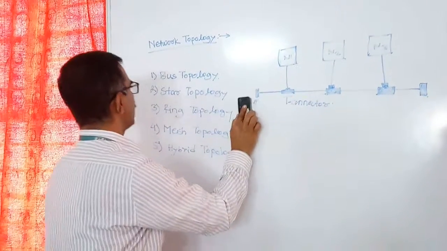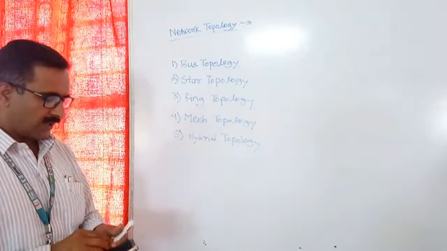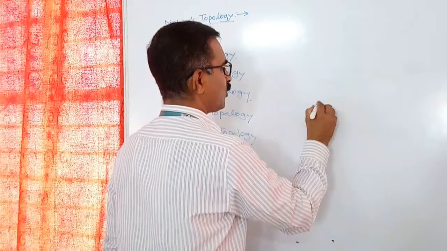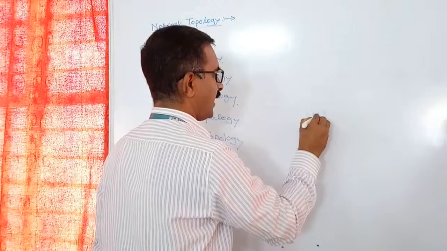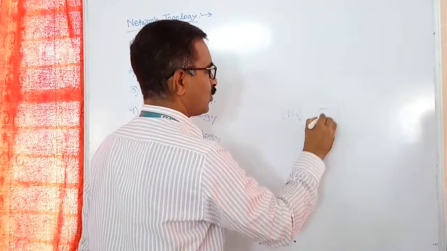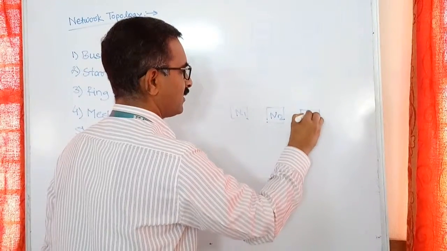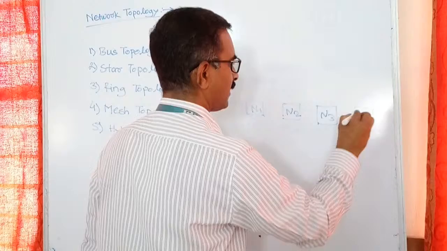Now we will see exactly what the star topology is. In a star topology, consider the nodes in the network, say N1, N2, N3, and one more we can add here, N4.